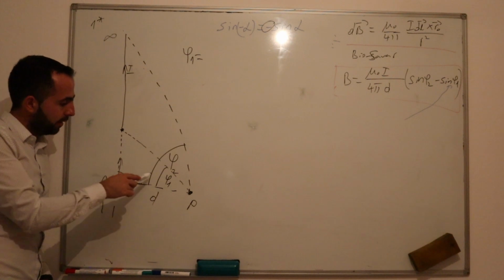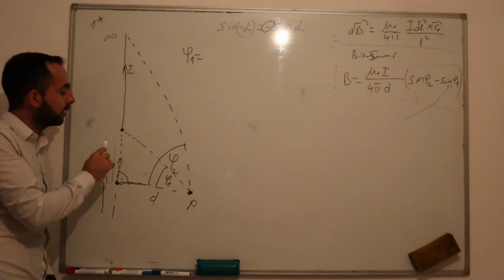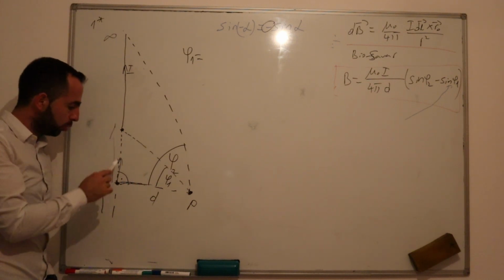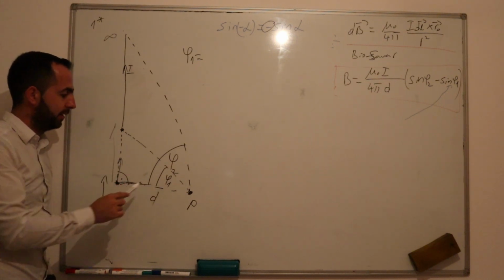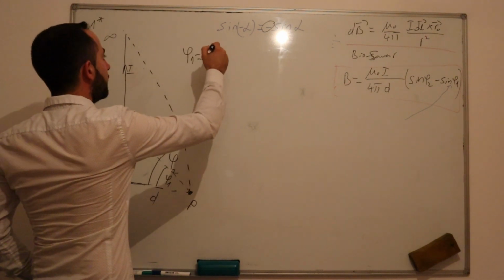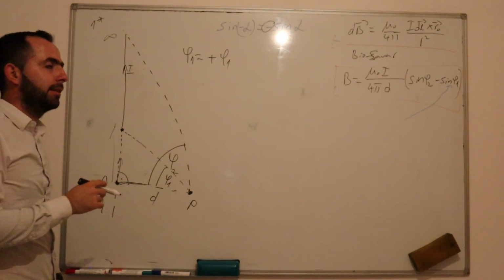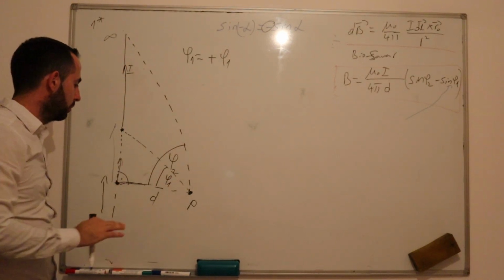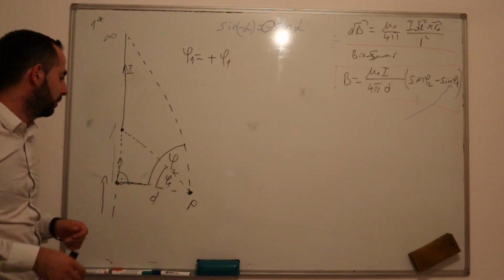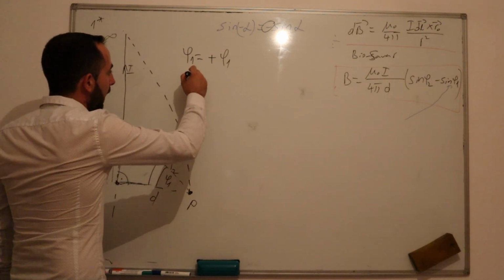So here, phi 1 is a positive value, because we are looking only at the direction of the current, which comes out from the normal of this angle. So for this case, phi 1 is positive. Depending on this geometry, it will have some value, some angle that you will determine.